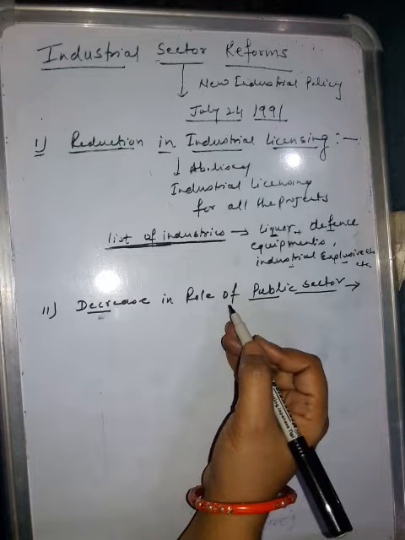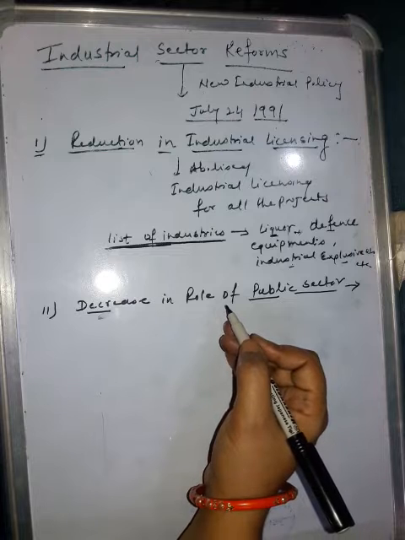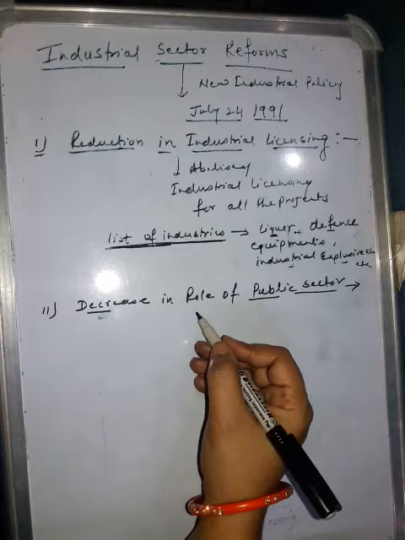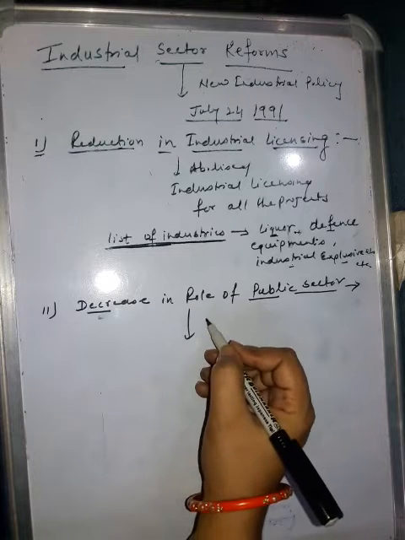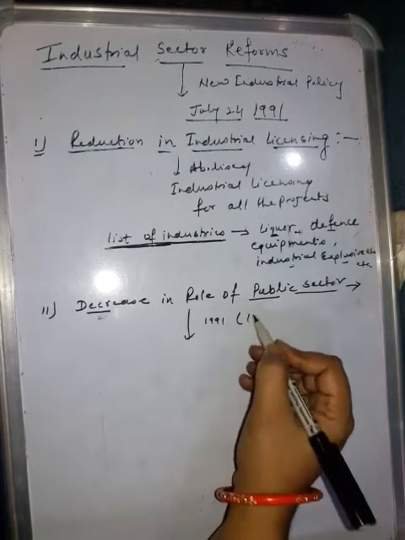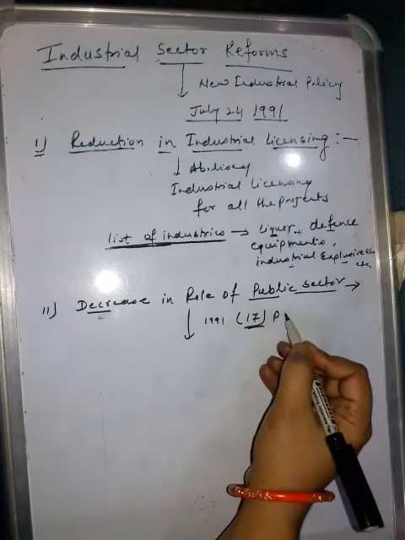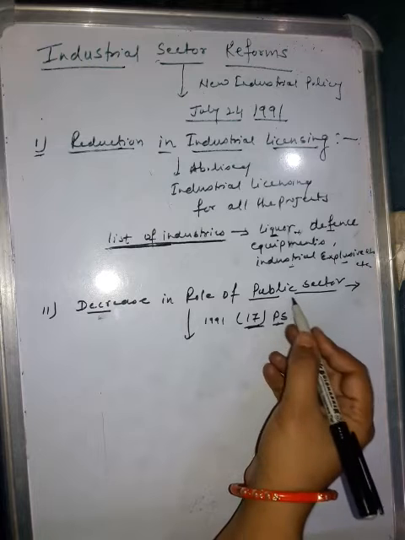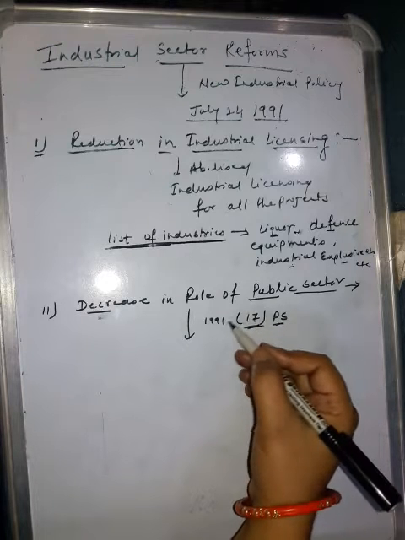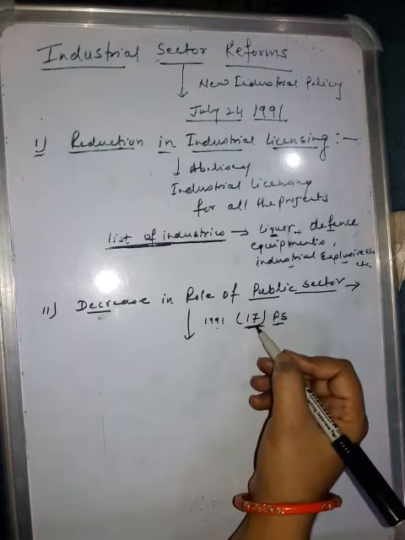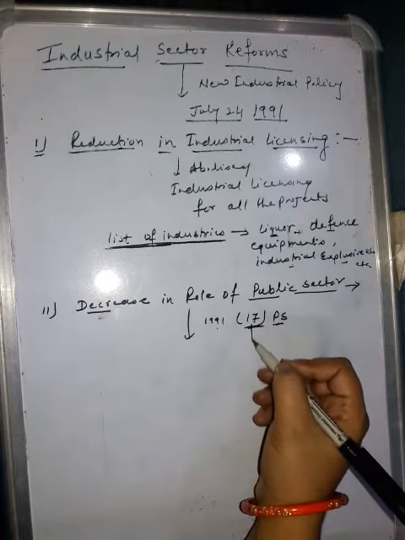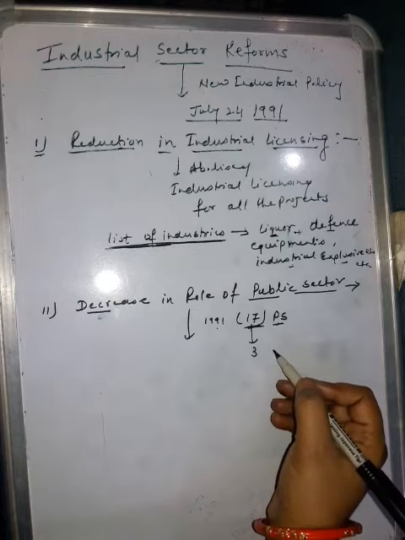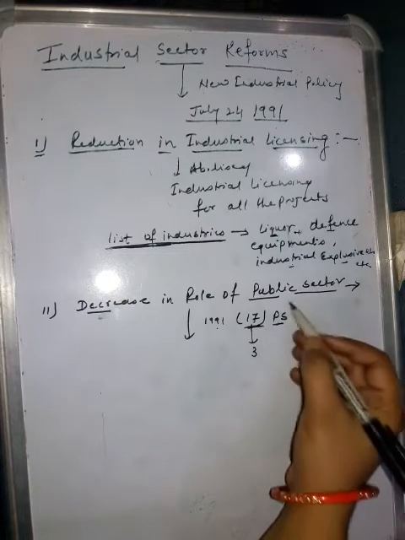The number of industries exclusively reserved for the public sector before 1991 was 17. After 1991, it was reduced to 3 industries which are still managed and controlled by the government.